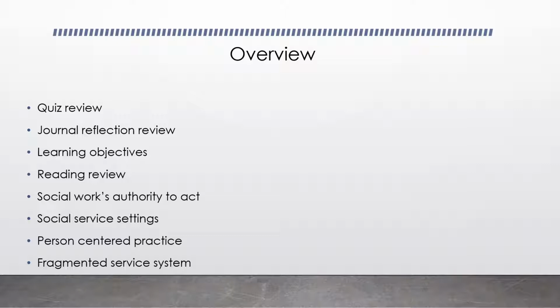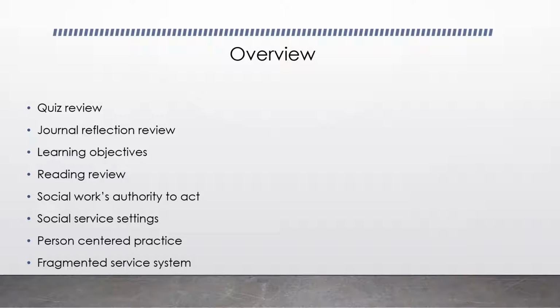Again, these are the key terms and ideas that will show up on your quiz. Social work's authority to act, so how we as social workers, the auspices that give us the authority to do what we do. We're going to talk a bit about different social work service settings and what practice can look like in these different settings.